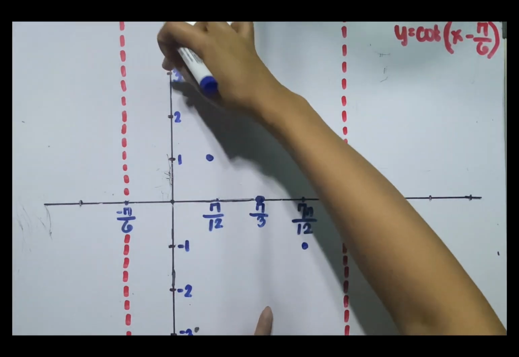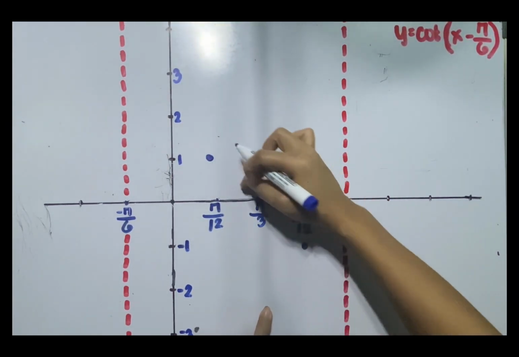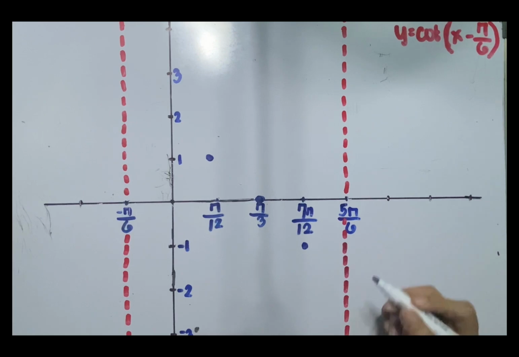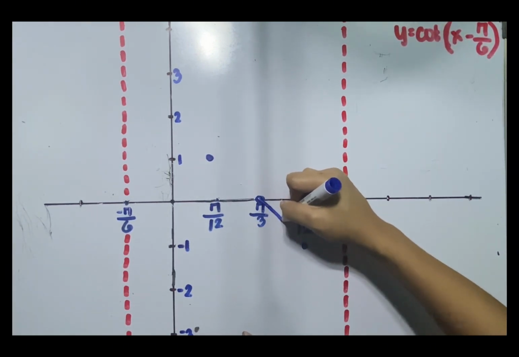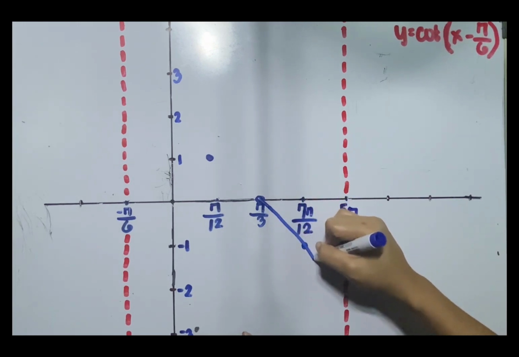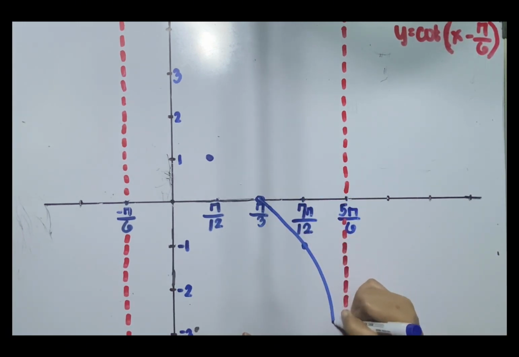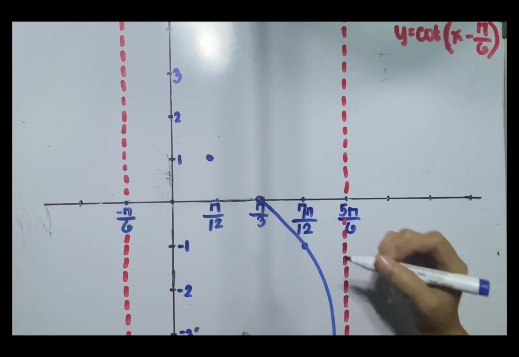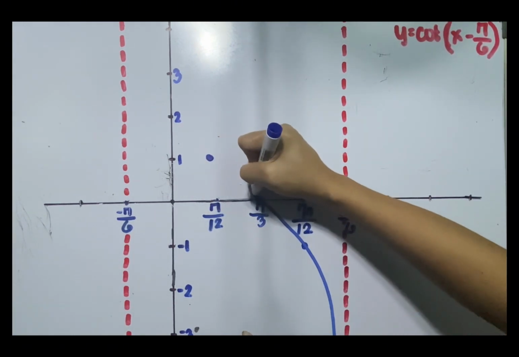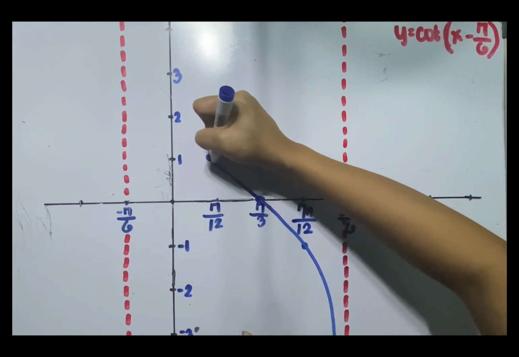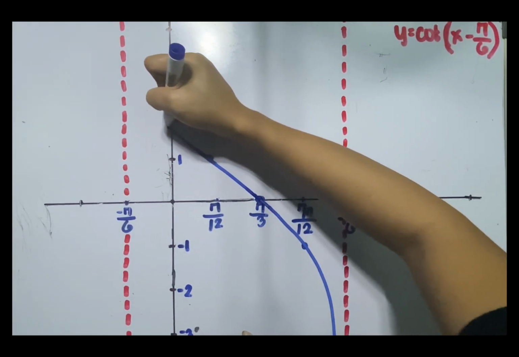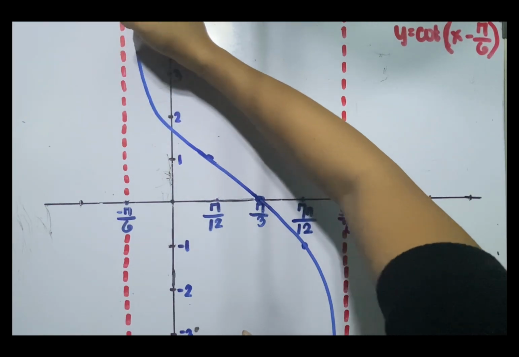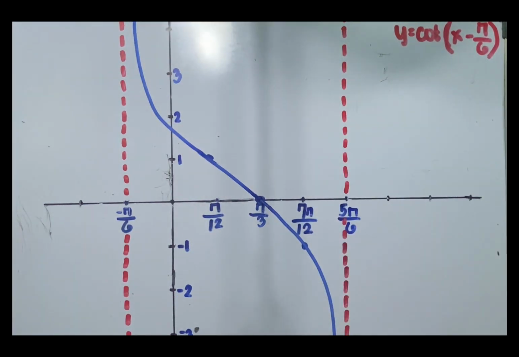Now we have done plotting. We're going to graph now. You have to carefully do the curve, and we must approach this asymptote but not get close enough to touch it. Do our perfect curve as well going up. It is one period, so we have only one graph.